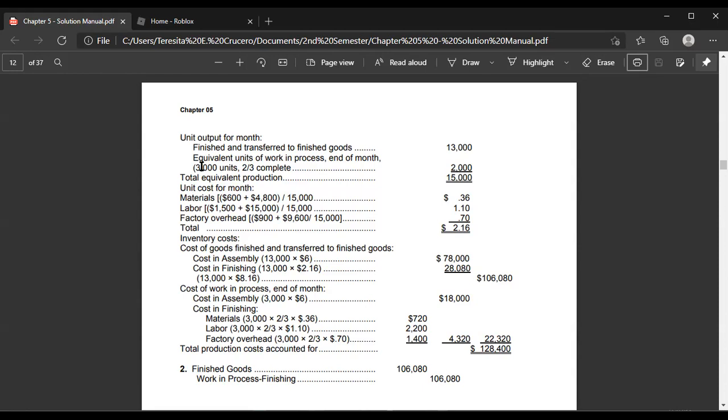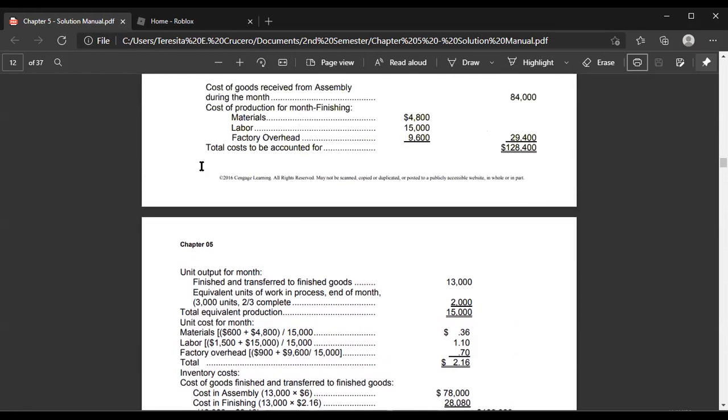The inventory cost, the cost of goods finished and transferred to finished goods: the cost in assembly, 13,000 times 6, the cost in finishing, 13,000 times 2.16. Now we have the cost of the work in process inventory end of 3,000 units. It was a full cost up to the assembly department, but in finishing, it's only 3,000 units times two-thirds, so you multiply by the unit cost. 128,400 is here.